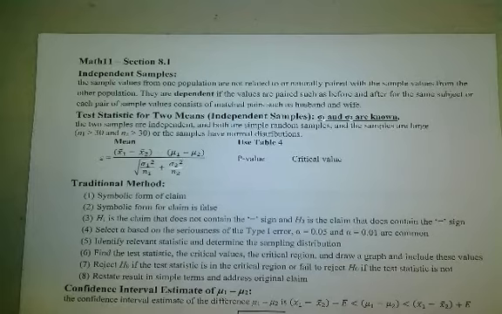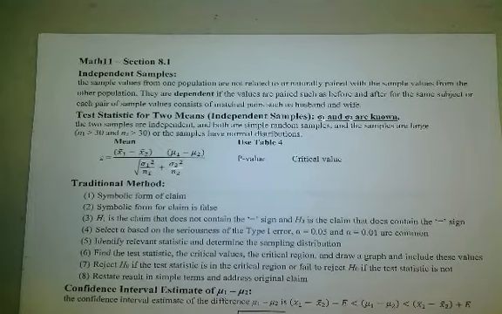We select alpha based on the seriousness of the type 1 error. Generally, they're going to give it to you in the problem. Usually alpha is 0.05, sometimes 0.01. Those are common. We identify the relevant statistic and determine the sampling distribution. For example, in this particular section, we're looking at the mean when we know sigma, the standard deviation of the population. And then we know that we're going to use table 4 to find our z-score.